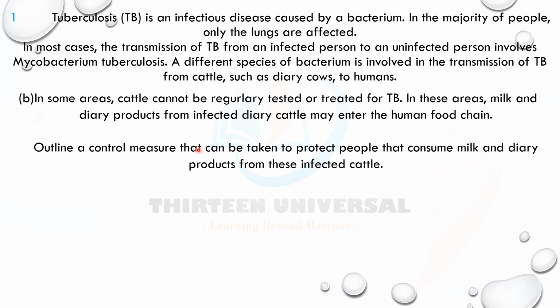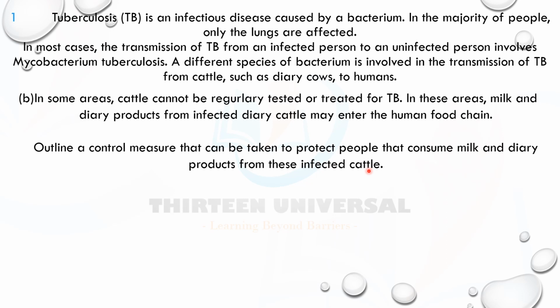Outline a control measure that can be taken to protect people that consume milk and dairy products from these infected cattle. If you like milk, cheese, yogurt, how do we control the transmission? Pause the video and outline control measures to protect people that consume milk. Pause the video and solve it.